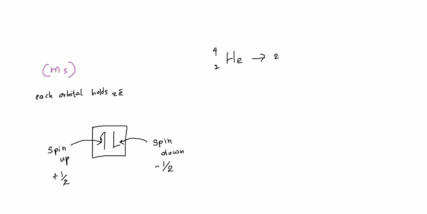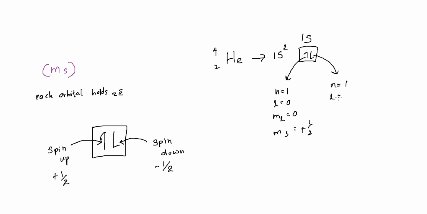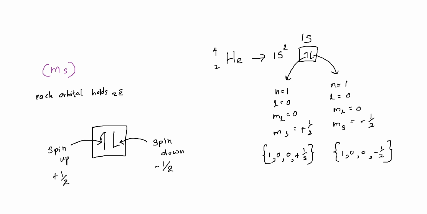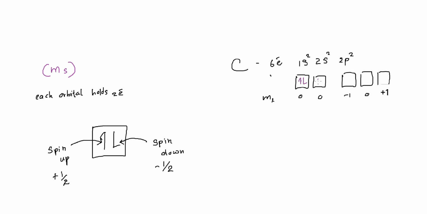In helium, each of the 2 electrons has a unique set. Here's the set of quantum numbers for the last filled 2p electron in carbon.